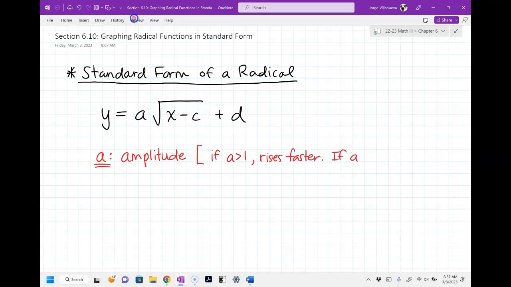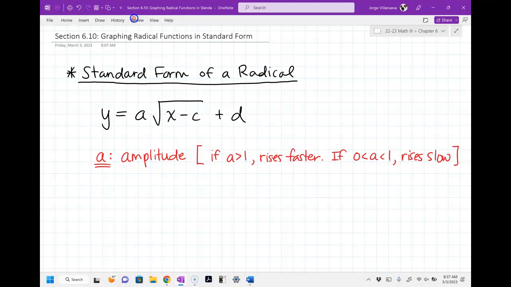If A is less than 1, well, I should put it probably between 0 and 1. So if A is a fraction, okay, it rises slower. So it rises slow. So it doesn't kind of like jump up as fast.